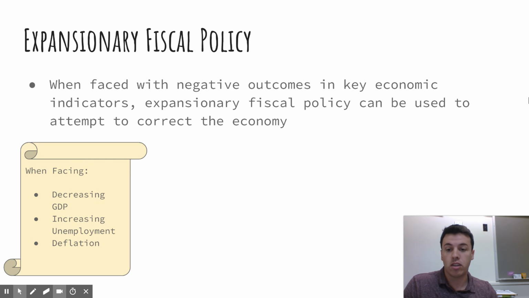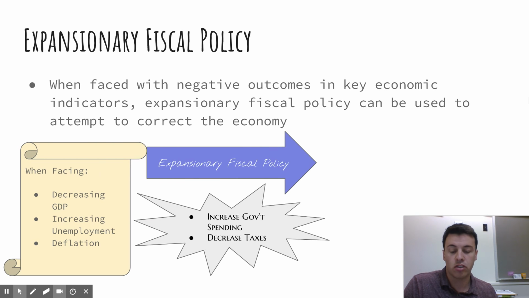But whenever we're facing those issues, we can use expansionary fiscal policy, which is going to mean increasing our government spending on those programs and services, and also decreasing taxes. It could be a combination of the two, or it could be one or the other. It doesn't really matter. It all just depends on the multiplier and how effective the policy is going to be. But anything that's going to get people back to work and get money pumped out into the economy, that's the goal of expansionary policy.